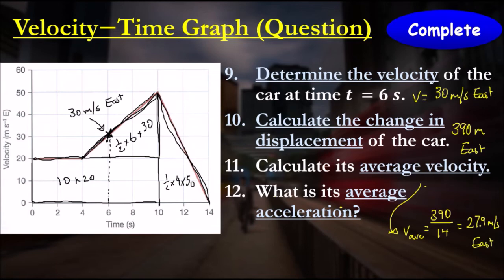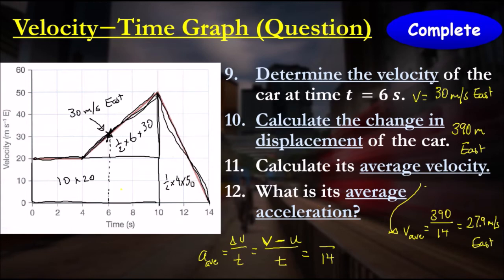Question 12 asks, what's the average acceleration? Okay, so the average acceleration is given as the change in velocity over time. So we need to look at our final velocity minus our initial velocity, over time. The time taken is still 14 seconds.